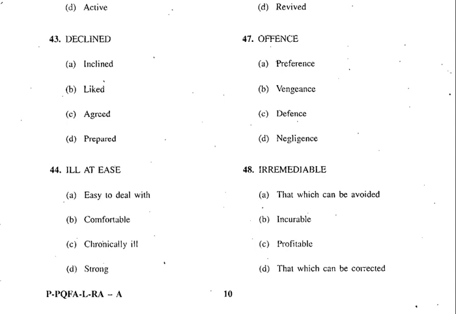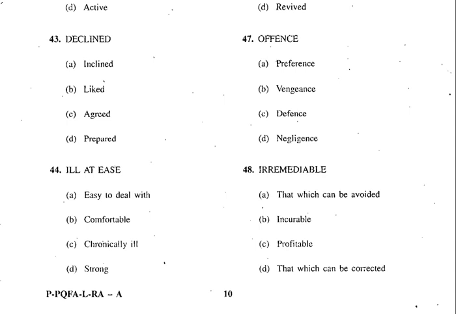You are neglecting something. So the antonym of offense is defense. You are offending, you are attacking, you are trying to hurt somebody, but you are defending, you are trying to protect somebody. So that is the defense.